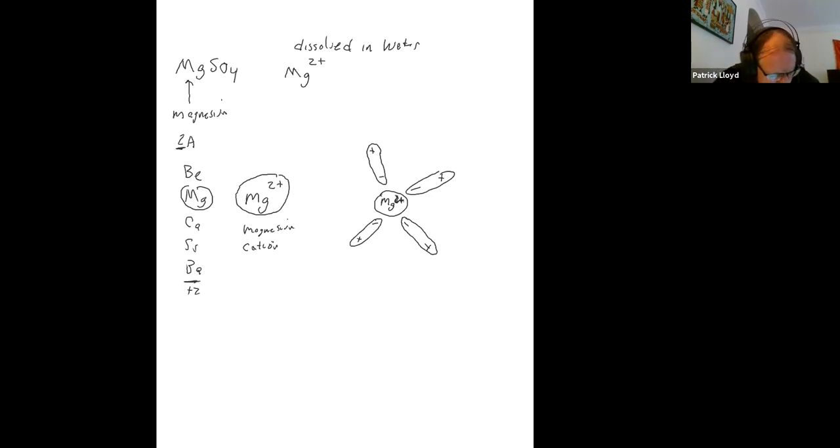Okay. Now we could also write it Mg2+ and then put AQ after it. And technically this is more correct, because really it's not just Mg+2, it's Mg+2 in water, so we would write aqueous. I think when you do the ALEX problems, they just expect you to write this.